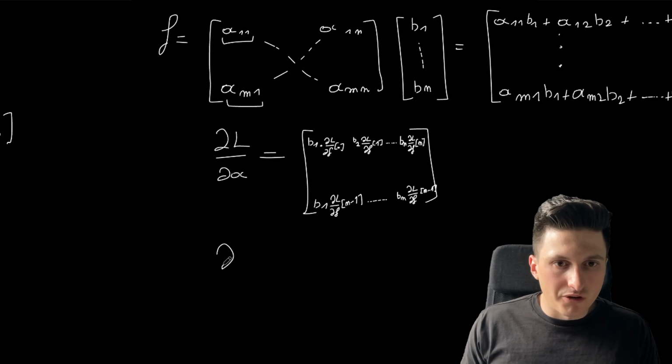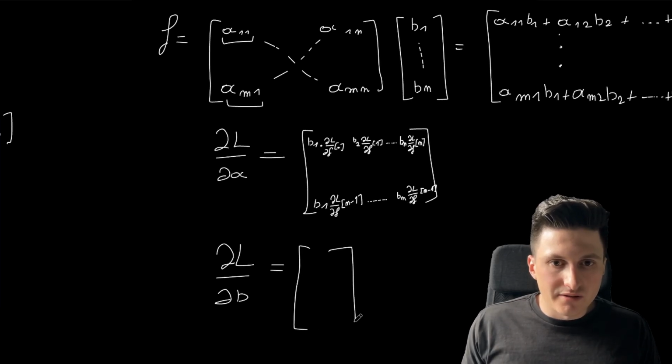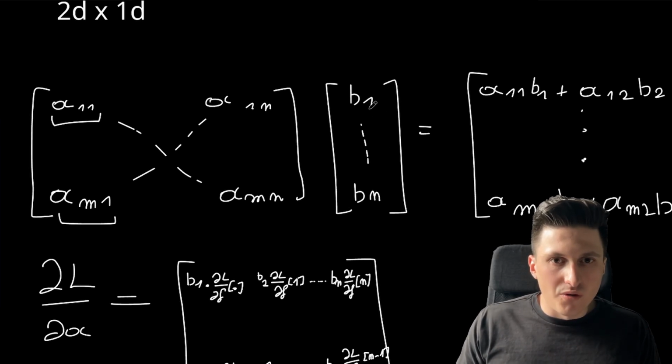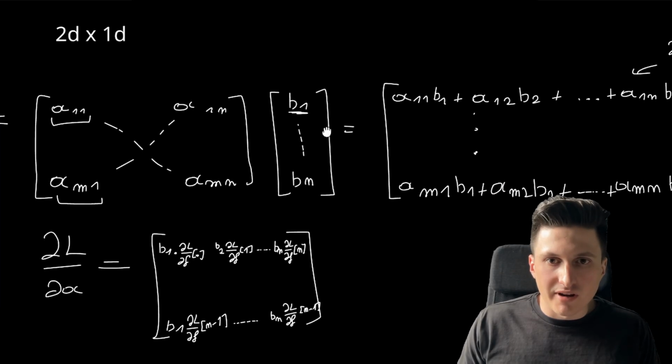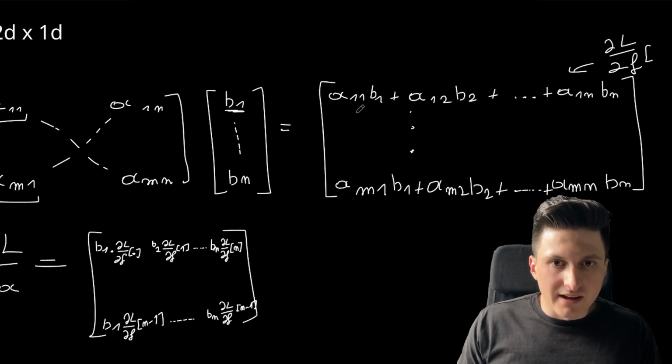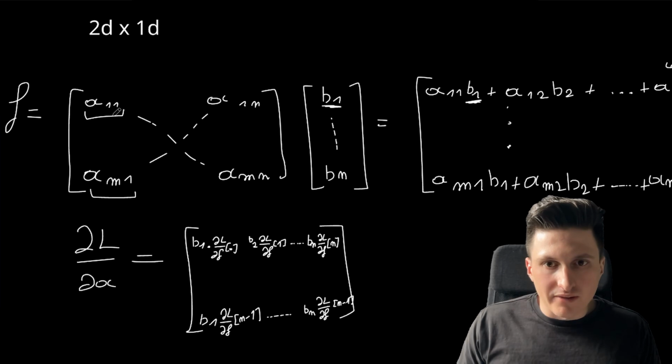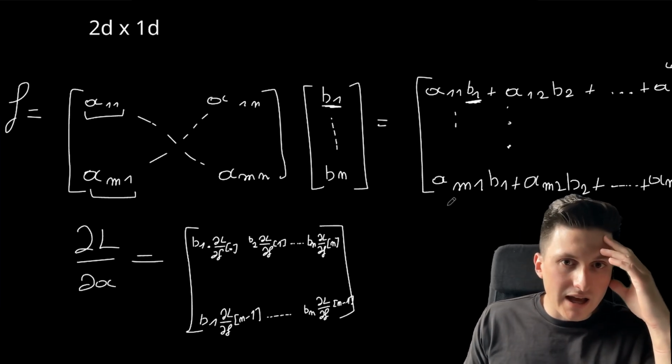And also for the derivative of the loss with respect to b, this is a tensor. And now let's check how, for example, this element influences the output. We can see that it gets used in this calculation, so it's multiplied with all the elements of this first column basically, because here it's used with this a11, and here it will be used with a21 until eventually am1.